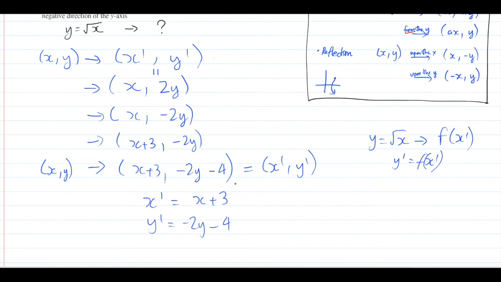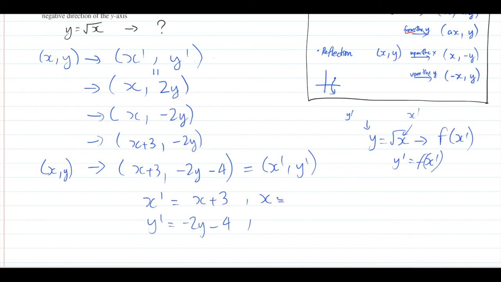So in this case, we can take advantage of that and say, if I have my equation right here, y equals square root x, I can replace the y so that it's in terms of y prime, and I can replace the x so that it's in terms of x prime. So I can substitute in my y values in terms of y prime, my x values in terms of x prime. What I mean by saying that is you can take advantage of this equation right here.